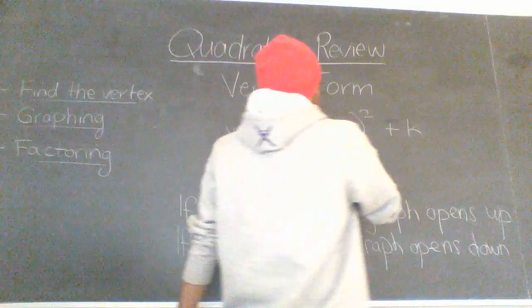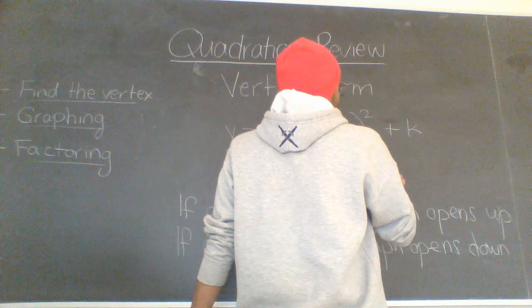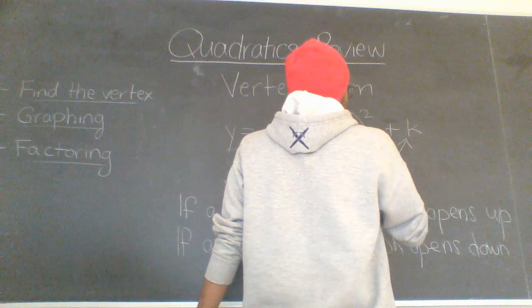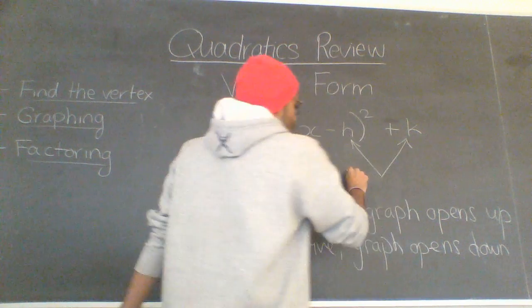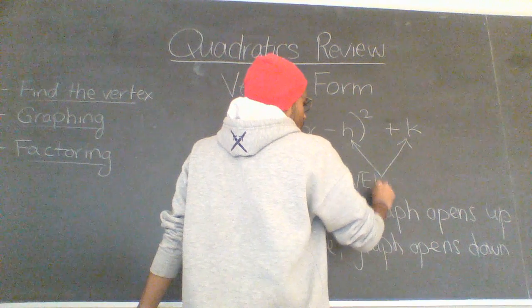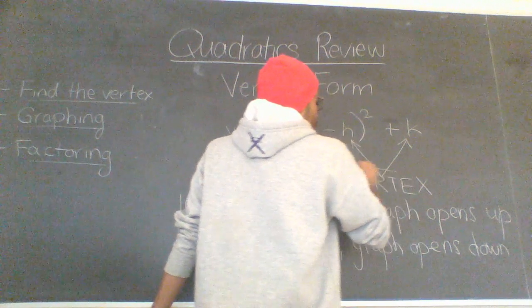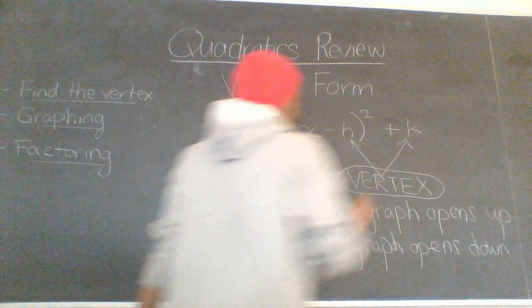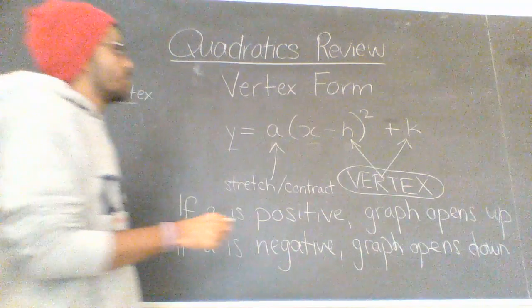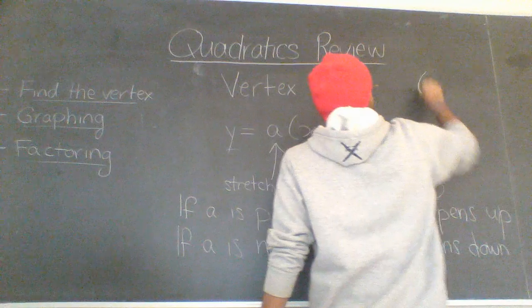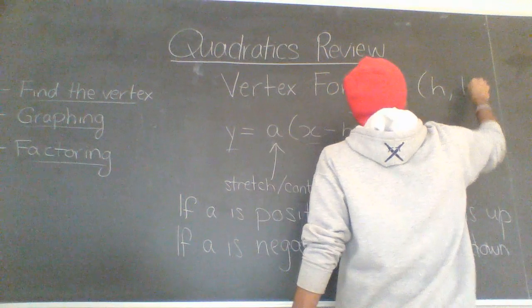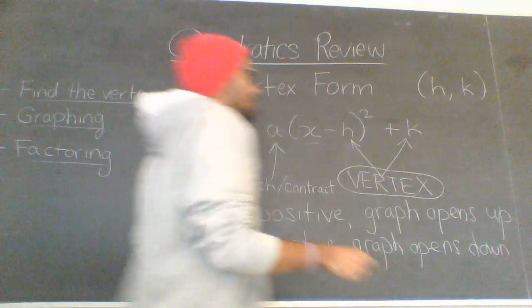So h and k are both coordinates of your vertex, and together they actually make up your vertex. Your vertex is described by these 2 points. Hopefully you remember that your vertex is h, k.